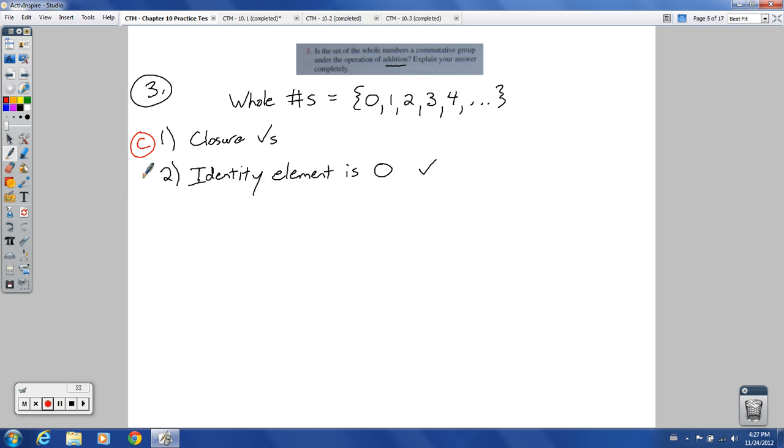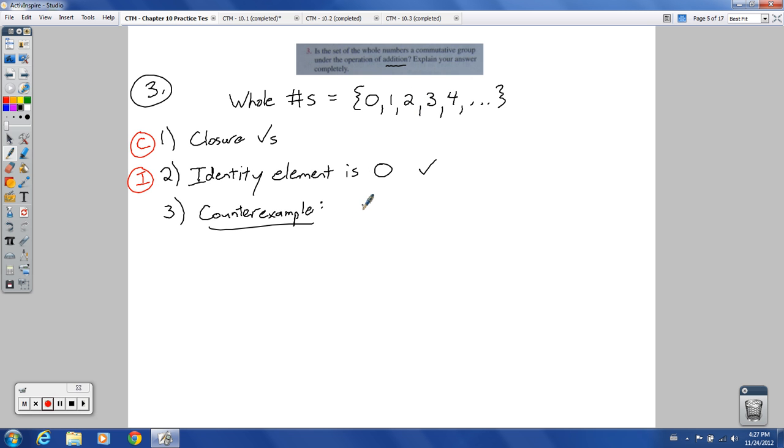That's my first I. Now does every element have an inverse element? In other words, can you add something to each number in this set to get the identity element, 0? If you say no, you're exactly right. Here's a counterexample. You can pick any number but 0, and it's not going to have an inverse.